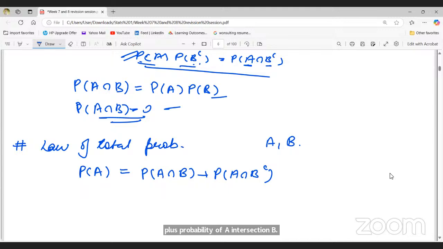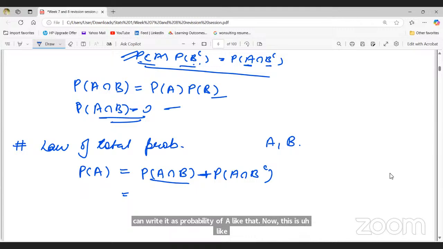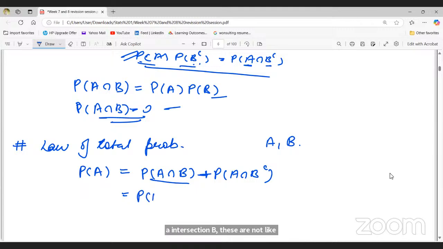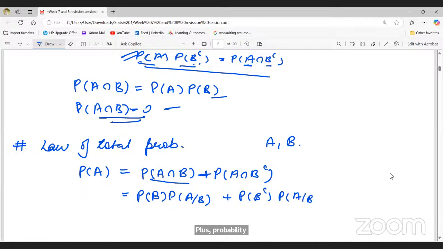Yes, ma'am. I can write it as probability of A like that. Now, these are not disjoint or something. So I can write it as probability of B into probability of A given B plus probability of B complement into probability of A given B complement. So this is the law of total probability.